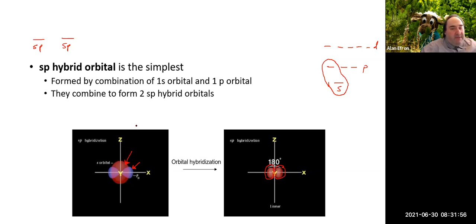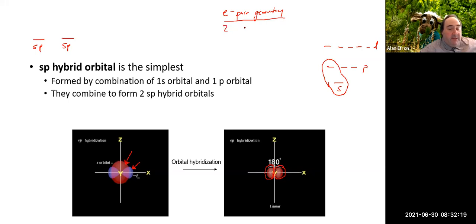And hybridization really does follow the electron pair geometry that we've been talking about. So it ends up being 180 degrees apart. And if you remember, what was 180 degrees apart in terms of electron pair geometry?